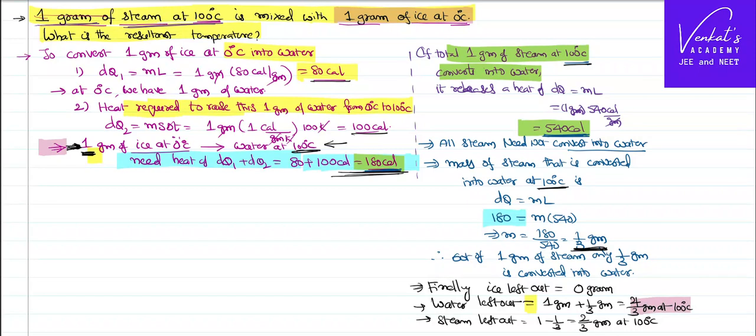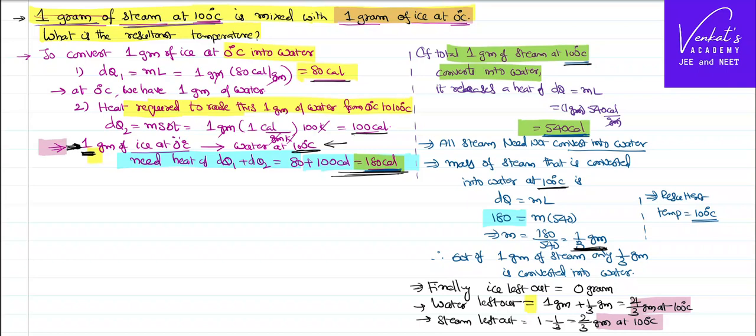Water, whatever is remaining, is at 100 degrees centigrade. Steam, whatever is remaining, is at 100 degrees centigrade. That implies the resultant temperature is 100 degrees centigrade itself.